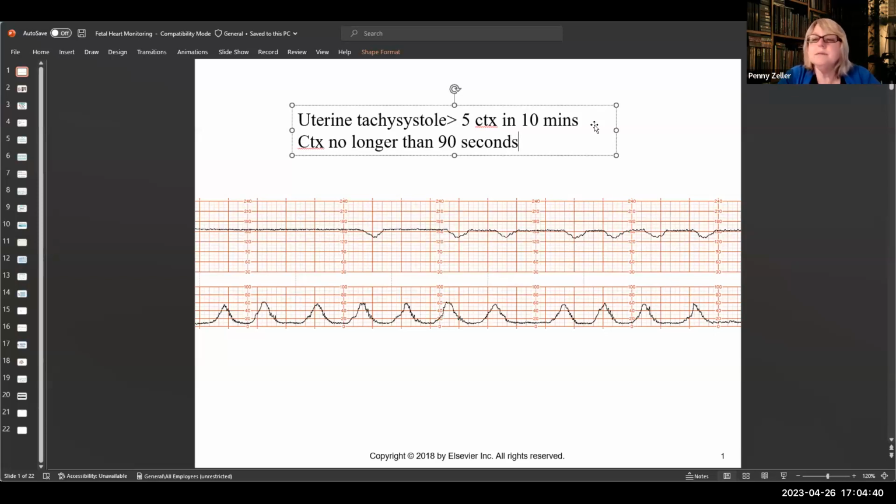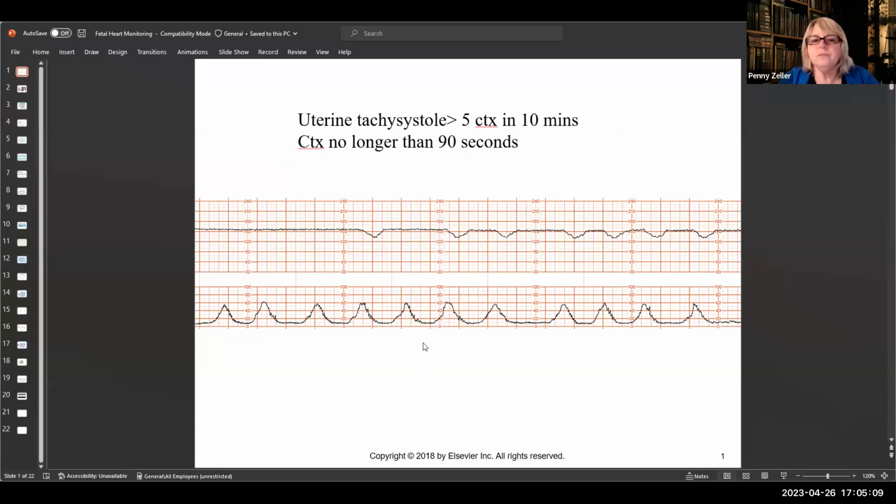Yeah, if we have oxytocin infusing and our dose is too high, you're going to have uterine tachysystole. And you run the risk of the fetus developing hypoxia because during a contraction, the blood flow to the fetus is reduced, right? We're squeezing it. So it's not uncommon to see a little drop.